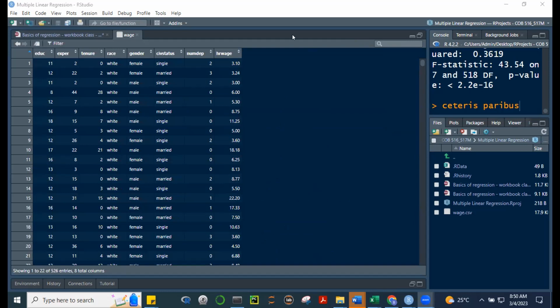Before, there was a time when R would not accept that kind of a model, lm with hourly wage regressed on a character variable. We needed to convert race, gender, and civil status to a factor first. It's very easy to do that in R. Let me just illustrate.